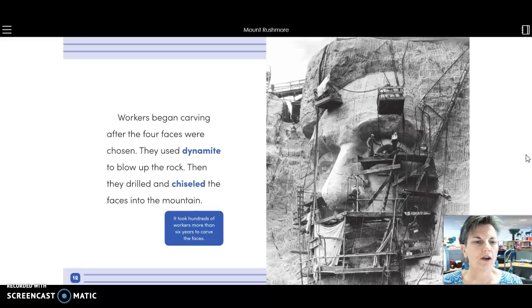Workers began carving after the 4 faces were chosen. They used dynamite to blow up the rock. Then they drilled and chiseled the faces into the mountain. Okay? Chisel. Great, with tools. That's chiseled.